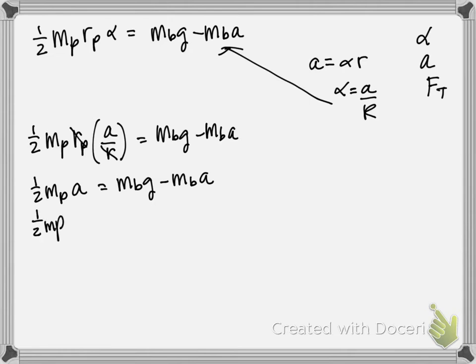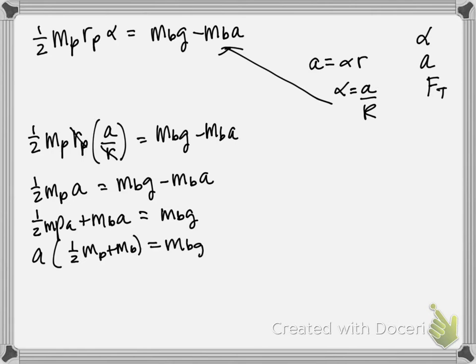1/2 MPA, bring the other one over, plus MBA, and then leave the MBG on the right. Now I can factor: 1/2 MP plus MB equals MBG, and you get this pretty unsatisfying MBG, all of that over 1/2 the mass of the pulley plus, nope, I did that wrong.